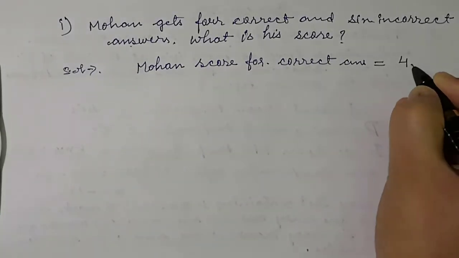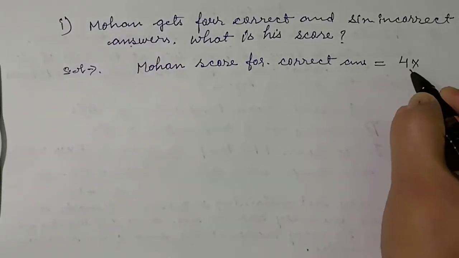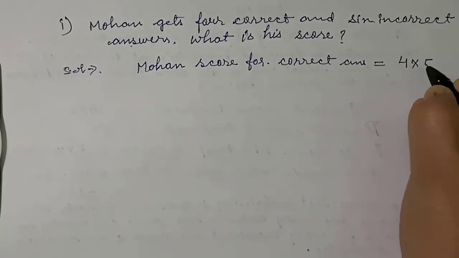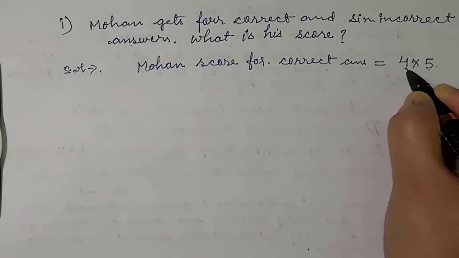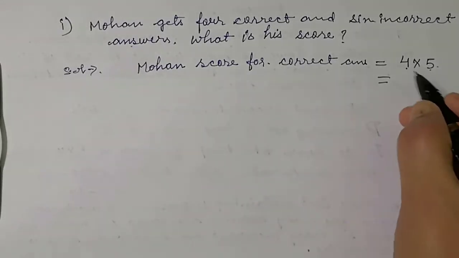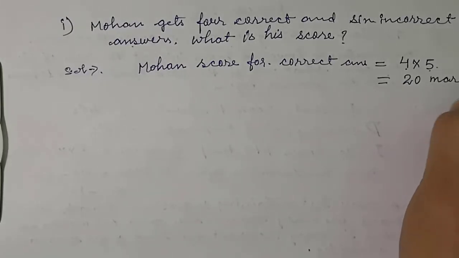So here we'll write the number of answers, 4, and multiply this number of answers by the marks for each correct answer, that is 5. So we can find the total score for correct answers, that is 20 marks.